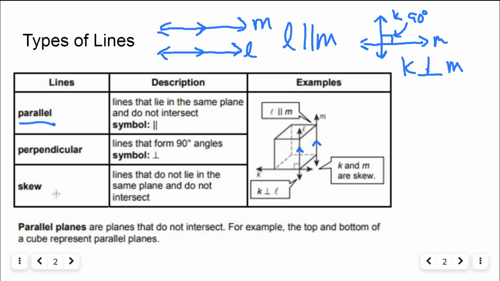Okay, skew lines might be ones you've never seen before. Skew lines are lines that do not lie in the same plane and they don't intersect. So not only are they not in the same plane, they also don't meet. So if you take a look here, let's take a look on the box here. Here's line K across the bottom of that box, and here's line M across the other face of the box.